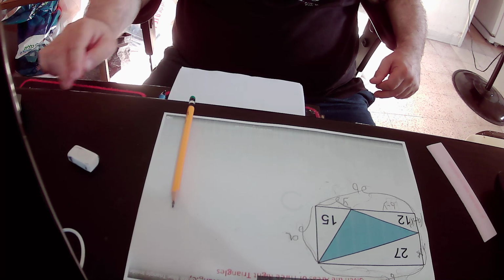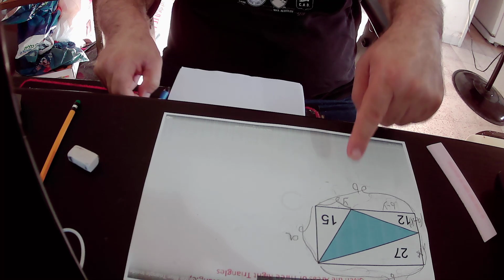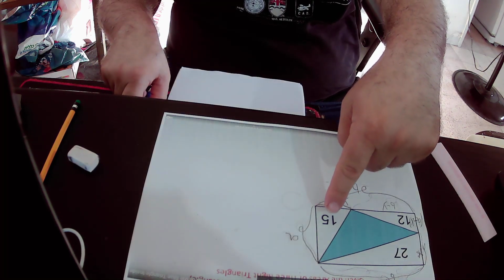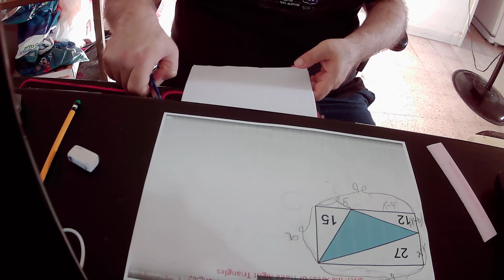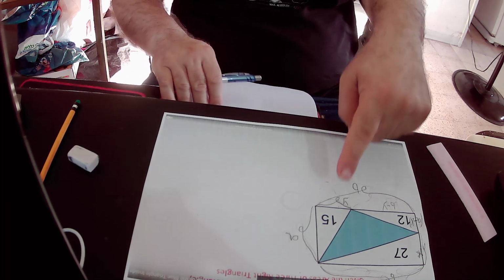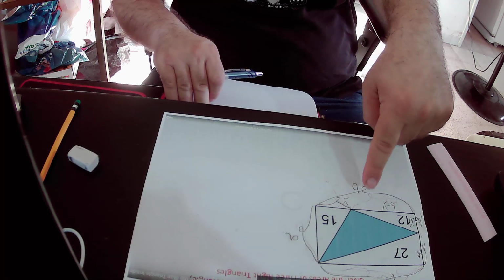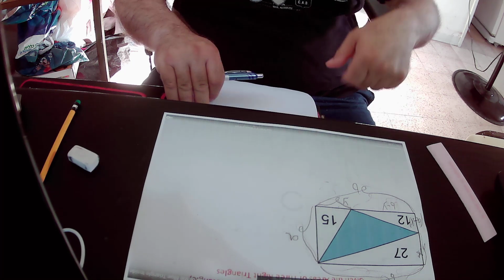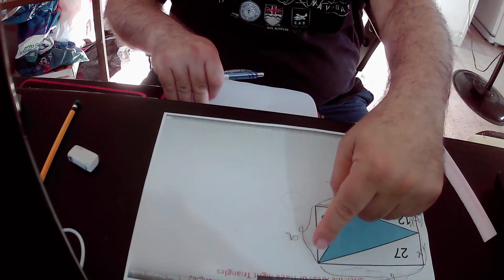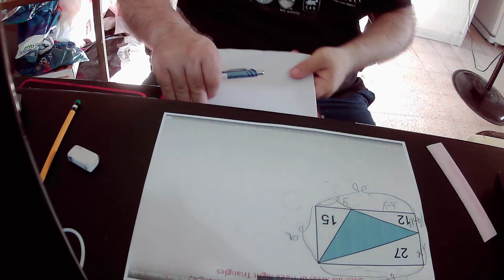So we will start with this right triangle. The formula for the area of this right triangle, whose area is 15 units, is the base of this right triangle, that is y, times the height of this right triangle, that is A, divided by 2.